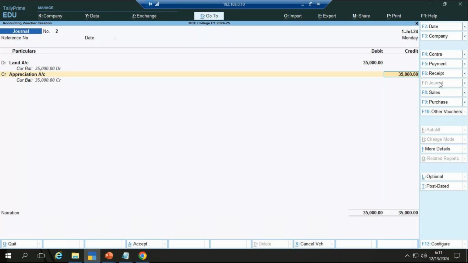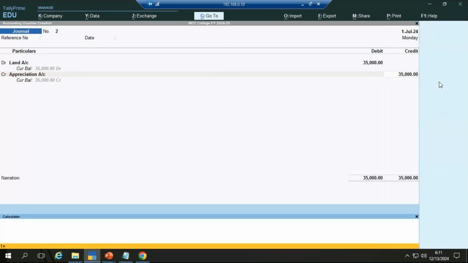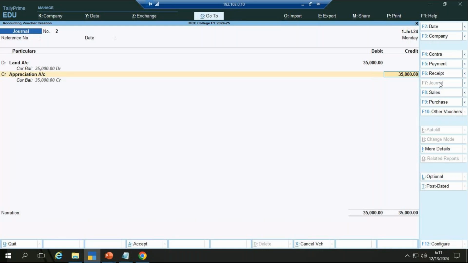And one more thing, if you want a calculator in TALLYPRIME, you can use the shortcut key Control N. So Control N is the shortcut key to insert a calculator in TALLYPRIME. If you don't want it, press Control N again. Fine.